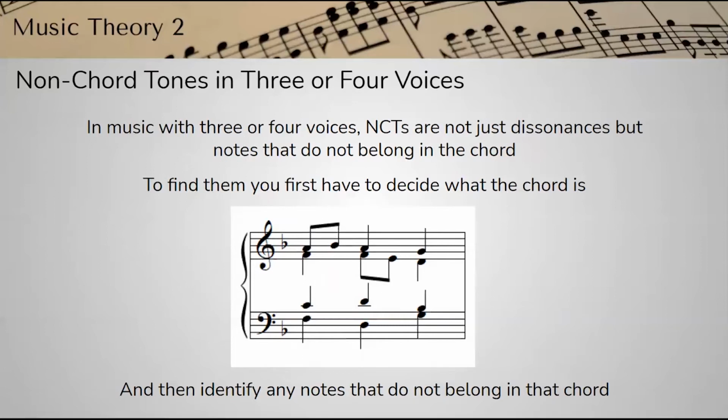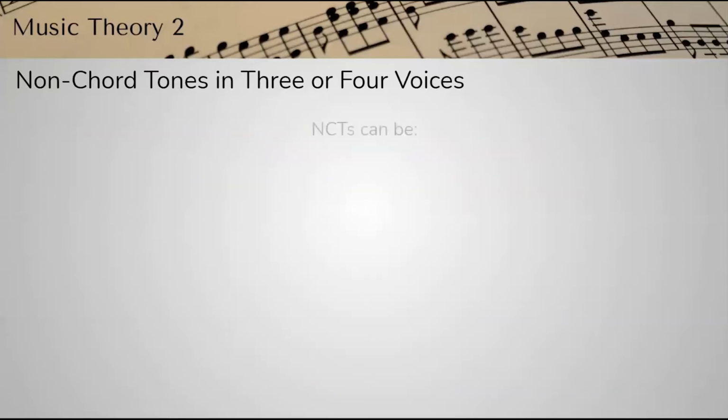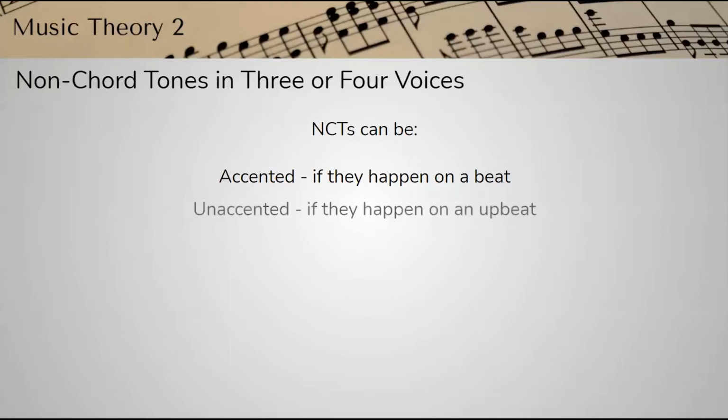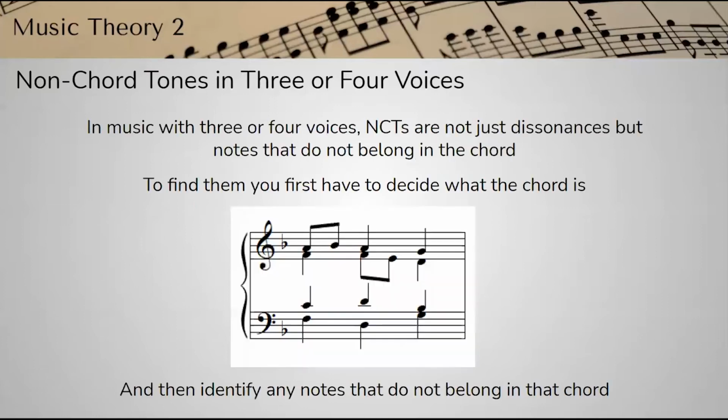So let's talk about the different ways that non-chord tones can appear. And the first thing we want to think about is where they are on the beat. So a non-chord tone can be accented if it happens on a beat, okay? And we call it unaccented if the non-chord tone happens on an upbeat. So if we go back to that previous example, both of those are unaccented non-chord tones because both of those happen after the beat, right?